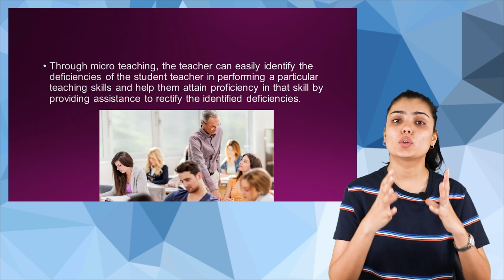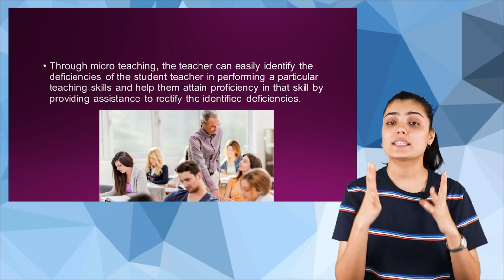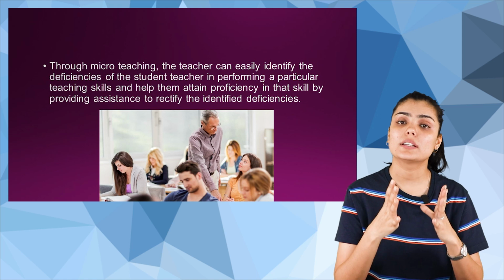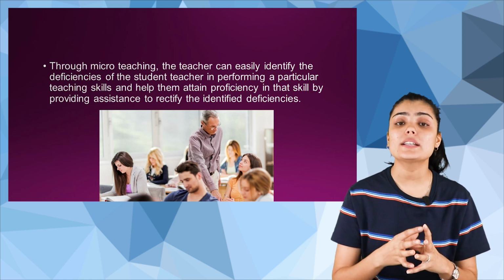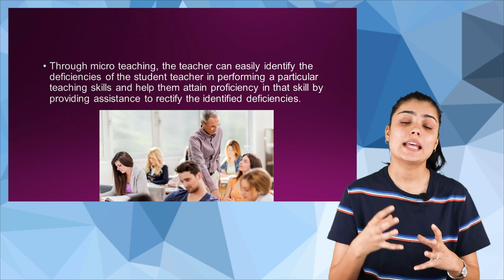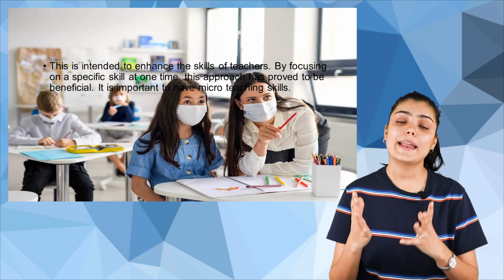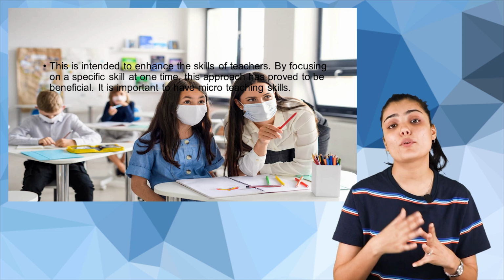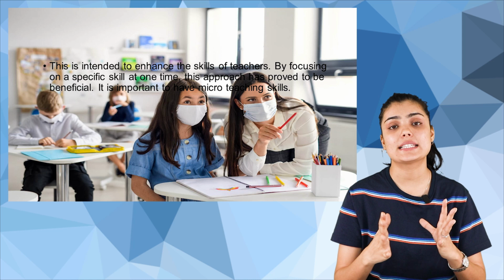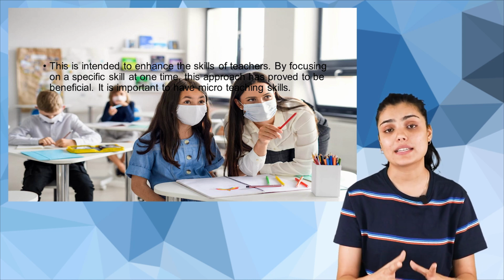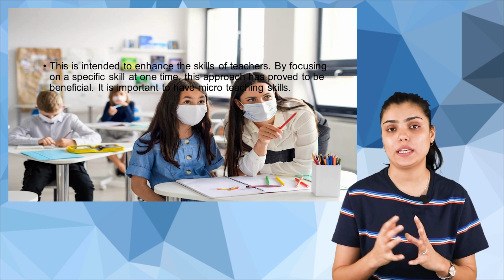As I said, through micro teaching, the supervisor can give proper attention to the deficiencies of the participating students. They can find out what the deficiencies in those skills are, give them necessary correction, and also help them attain proficiency in those skills by providing proper assistance and guidance to the trainee students.